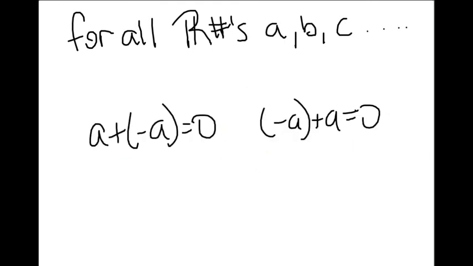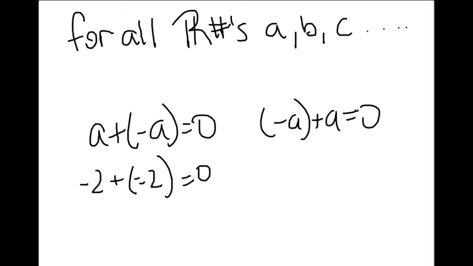So our next property says that A plus the opposite of A equals 0, or the opposite of A plus A equals 0. And so I said opposite instead of negative, because what if A was negative? So if I had negative 2 plus the opposite of negative 2, would that give me 0?